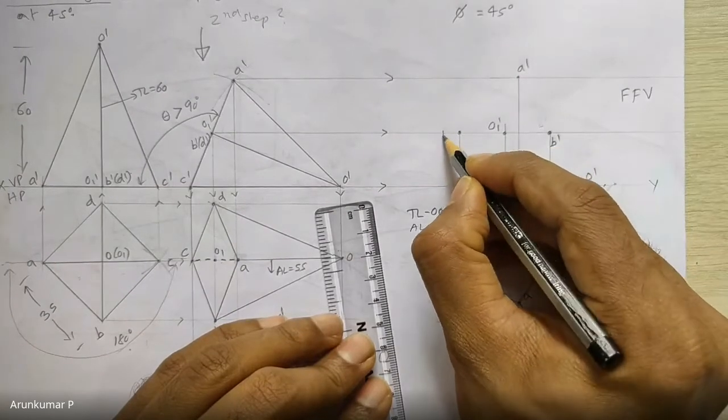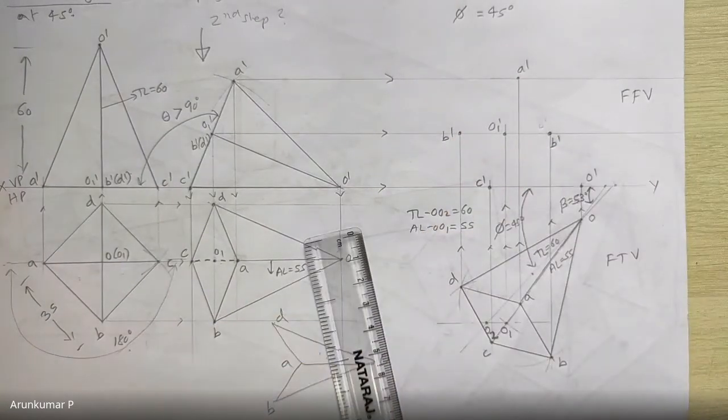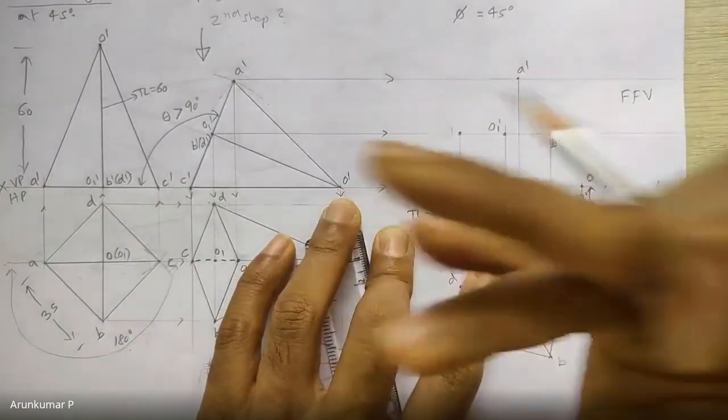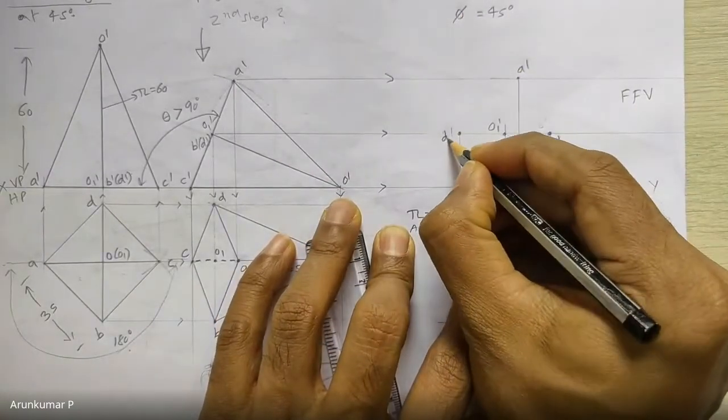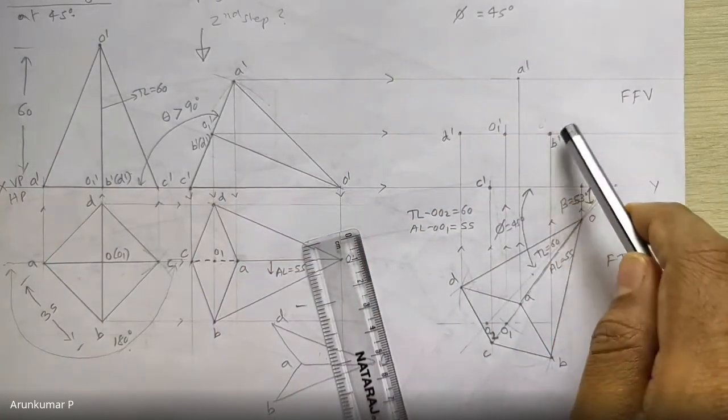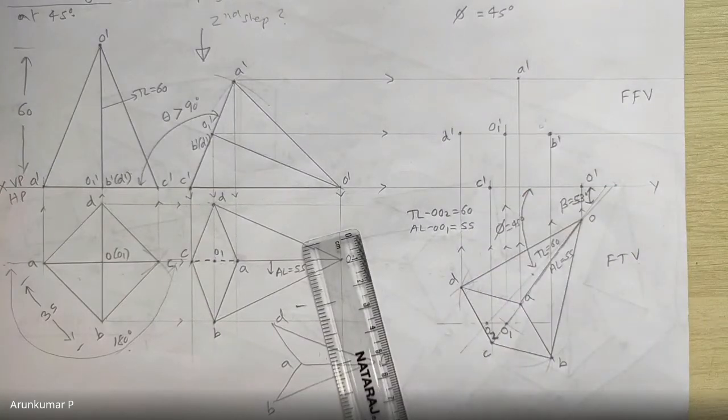So this would be B dash, sorry, this would be D dash, not B dash. B dash I have already located here. So this would be D dash. Done. A dash, B dash, C dash, D dash.